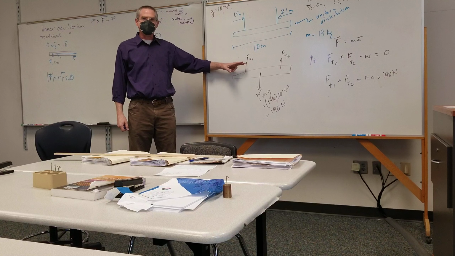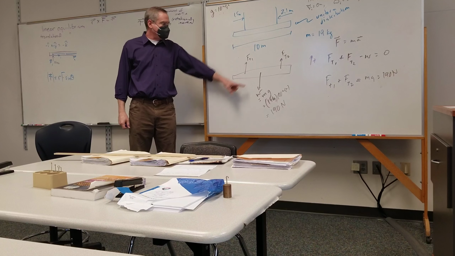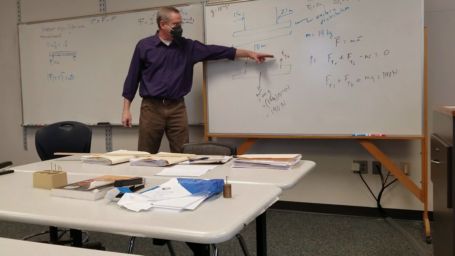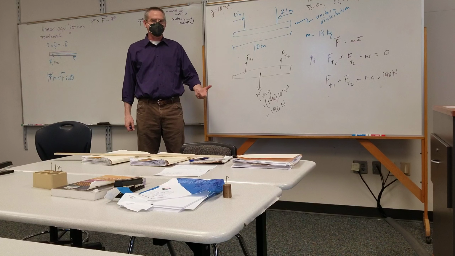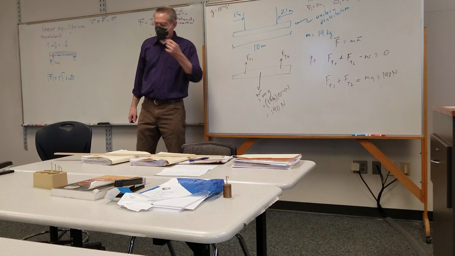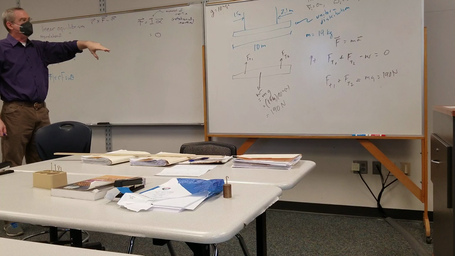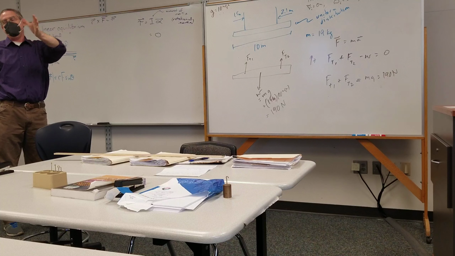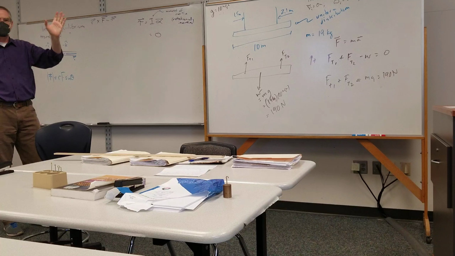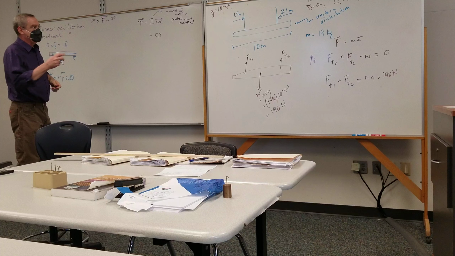If I snip this wire, it's not like it's going to rotate about this spot. If I snip that wire, what's the rotation point going to be? It's not obvious what the rotation point is, so you can pick any place you want. Middle is absolutely fine. Let's do the middle, and then we'll pick another spot.